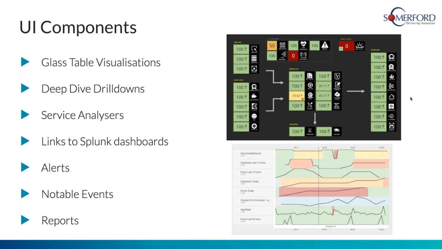These components can be linked to Splunk dashboards. So if you've already developed tools, for example, an application, you might already have a Splunk dashboard set up. We can link that into this as well. And through all the data that we use, all the structures we put in place, we can drive alerts, generate notable events, and produce reports.